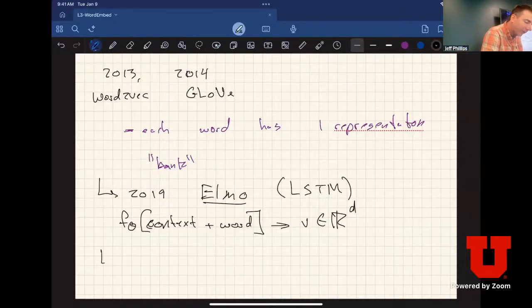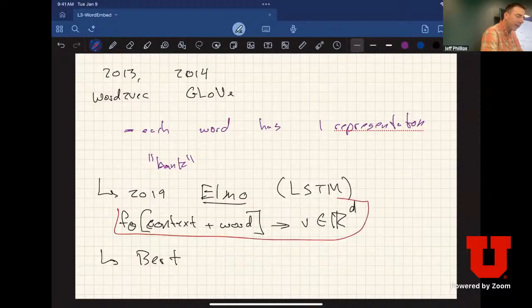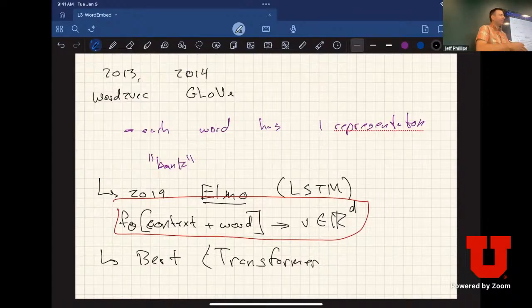Soon after followed this method called BERT, out of Google. It had the same functional representation of a word. The big difference was that it used a transformer network, which has an attention mechanism at every layer.